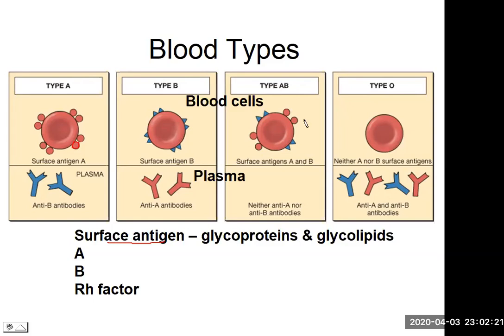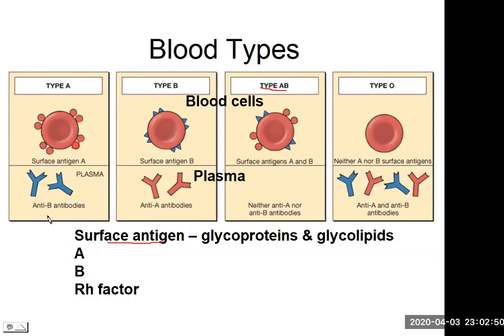AB type blood has both of the surface antigens, both A and B. And the type O grouping lacks either one of those. So we have the A grouping, the B grouping, and having both of these makes this type AB. And lacking these two leads to the type O.